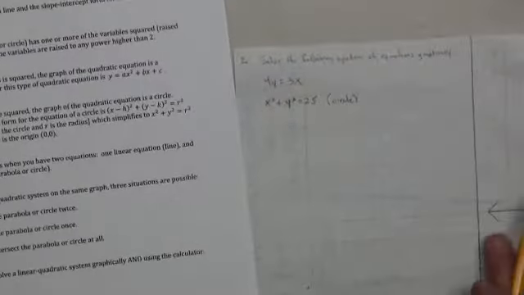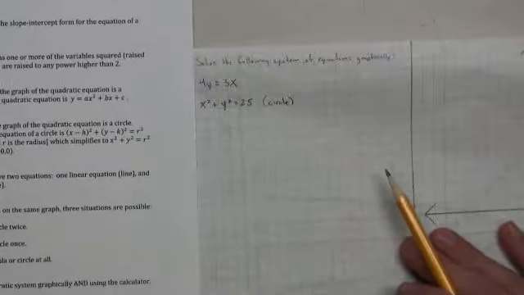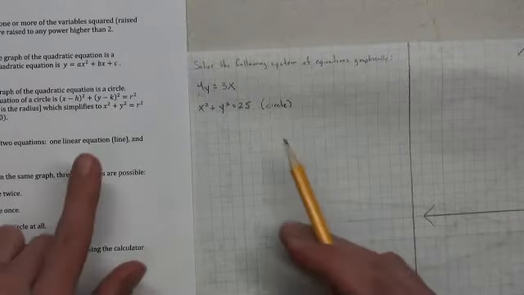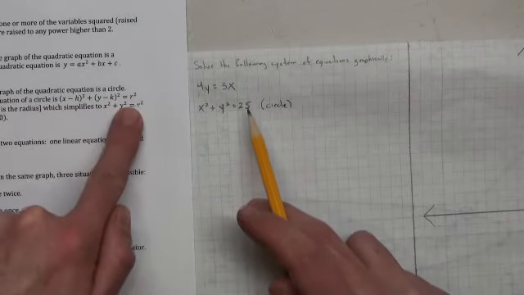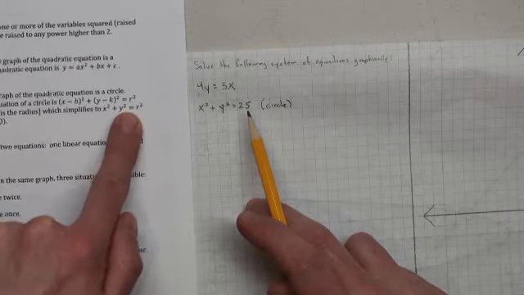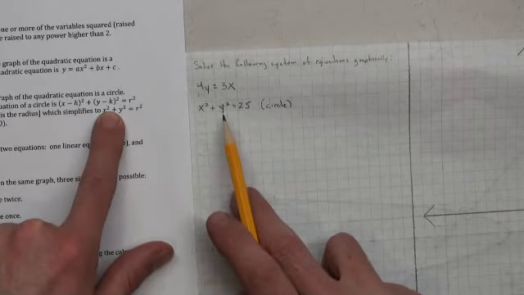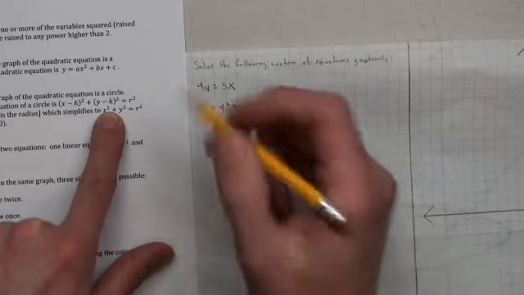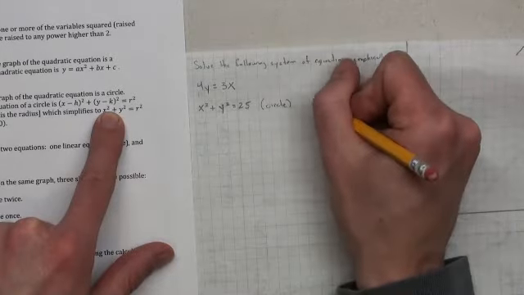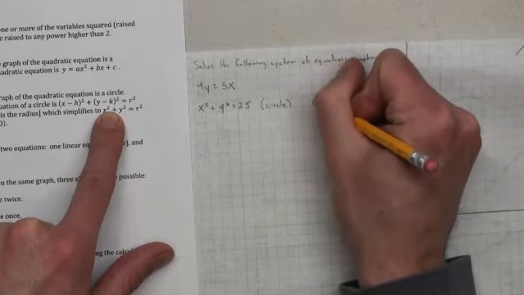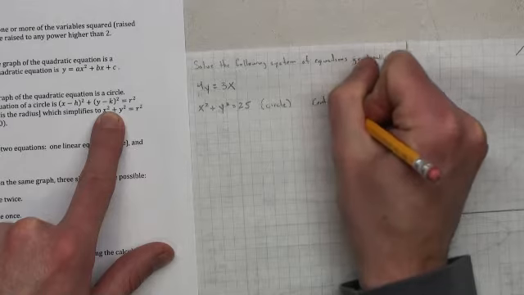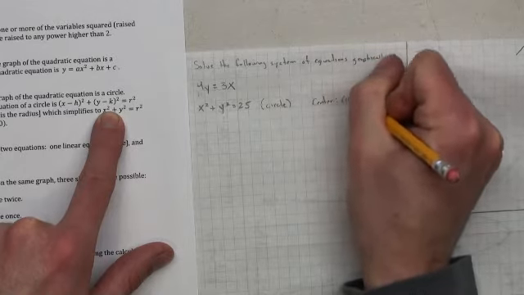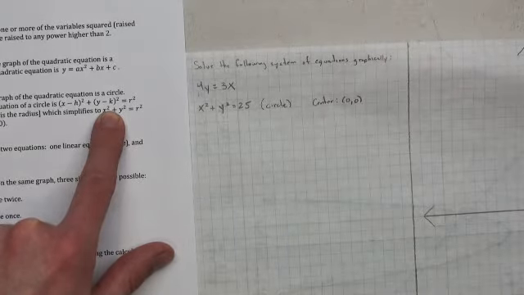And look what I have here. I have x squared plus y squared equals 25. So, since I have x squared plus y squared, I know my center is 0, 0.